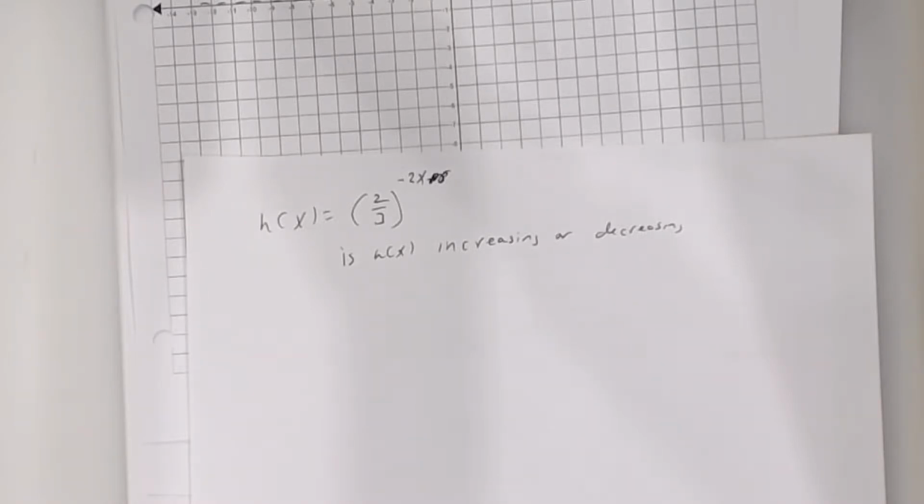Huh? Why is it increasing? Because 2/3 is between 0 and 1. Because of the negative exponent, I've got to make sure, before I can use the base to help me determine whether it's increasing or decreasing, that I make that exponent positive.